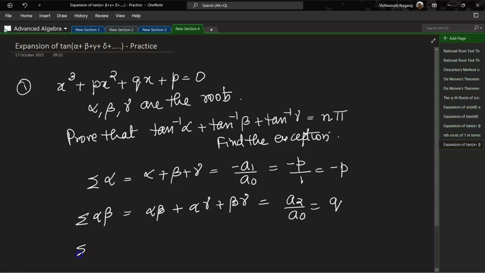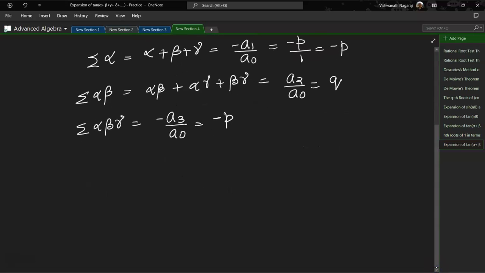Okay. Similarly, summation of alpha beta gamma is equal to nothing but alpha beta gamma itself, which is equal to minus a3 by a naught, and a3 is p, so minus p. Okay.